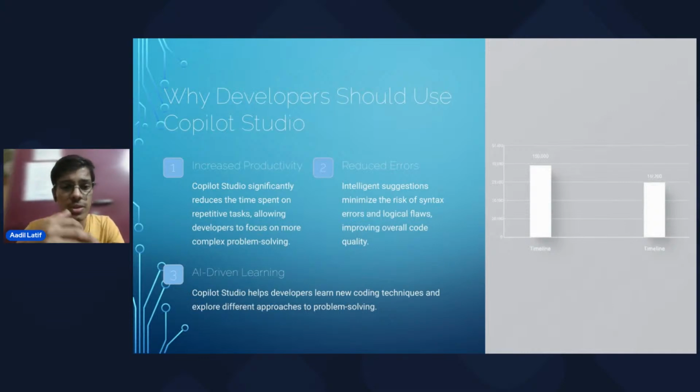With deep IDE integration, we can access Copilot Studio features without leaving our coding environment. As I have already mentioned, it minimizes context switching, which can disrupt our workflow and slow down progress.